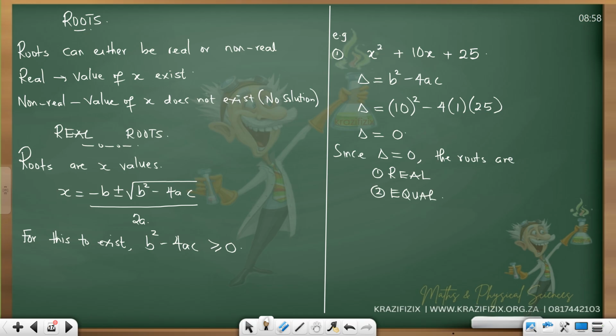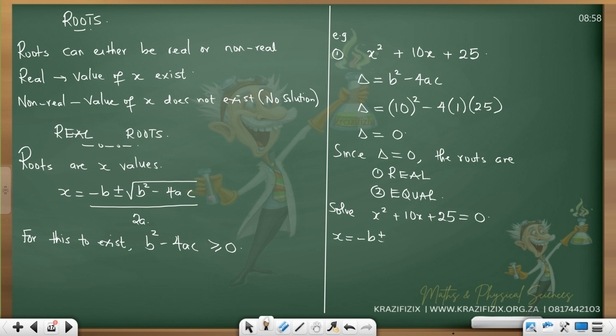And we're going to try to solve it. The roots are real, which means there's an answer if we punch it in a calculator. And number two, we would notice our x values. So let's solve x squared plus 10x plus 25 equals 0.